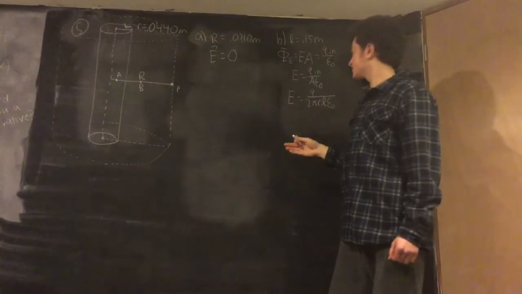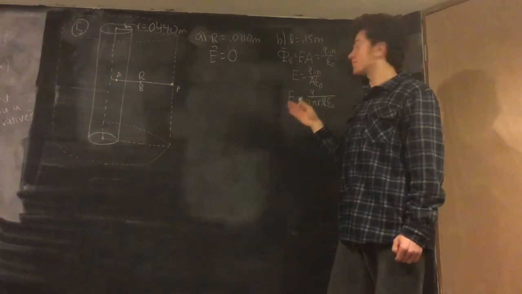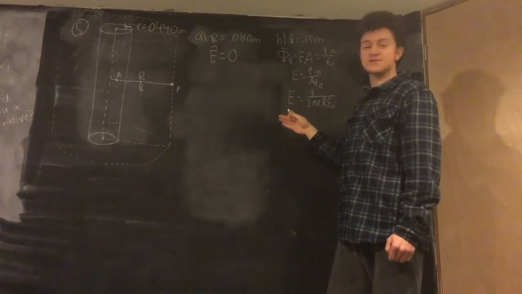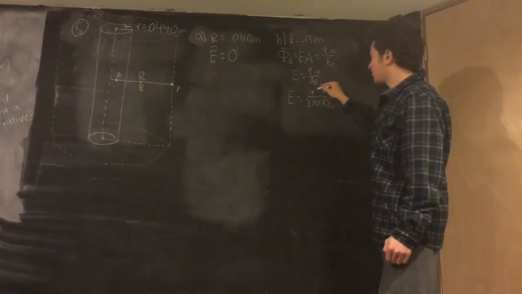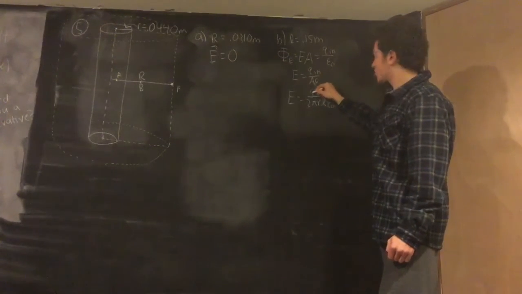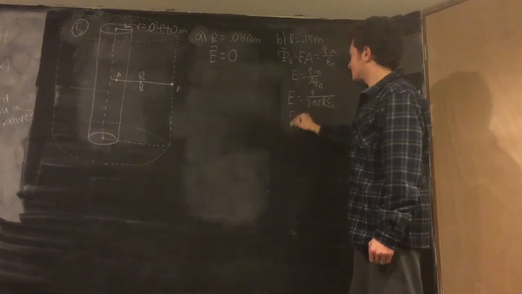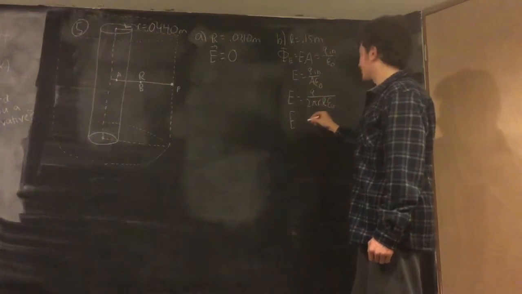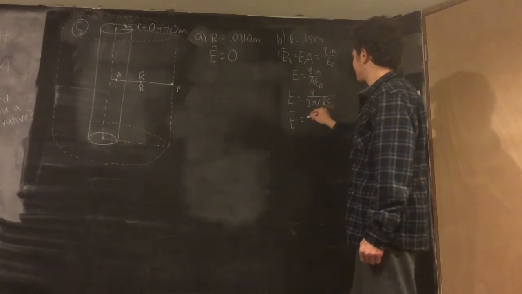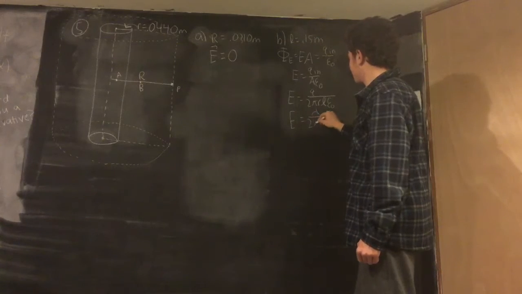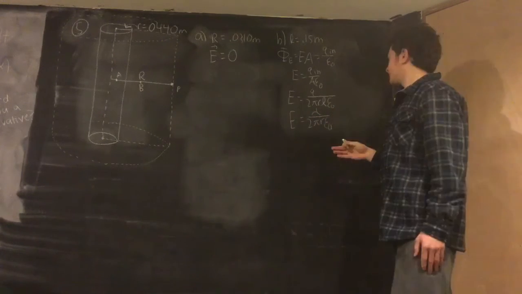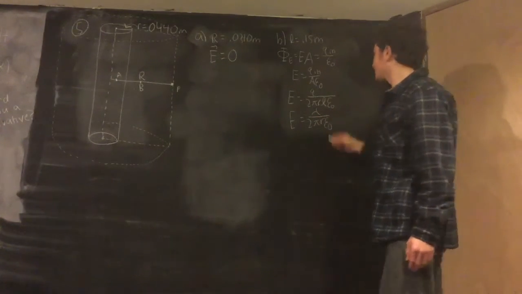And the problem tells us that the rod has a charge per unit length, and it gives us the value. Q per L, charge per length. So I'm going to substitute Q over L for lambda. And now we have our general equation for the electric field.